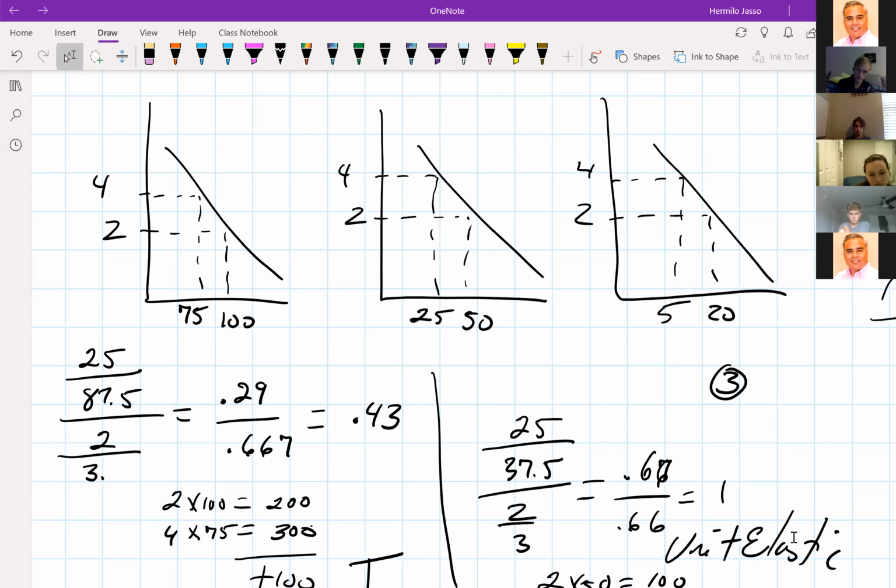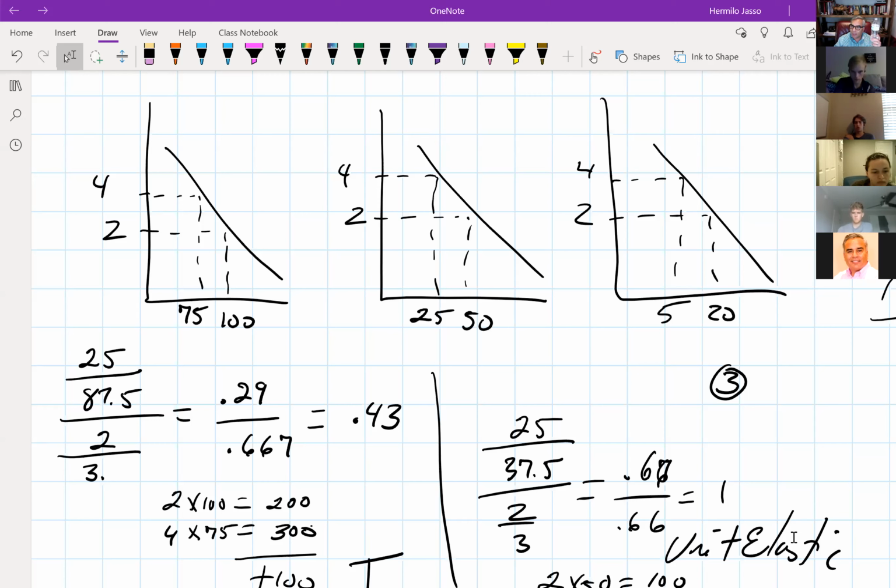For example, think about this. I'm selling this product, and I know that the elasticity is elastic. What does that mean? If I tell you this product has an elastic elasticity, it means that people are going to respond.